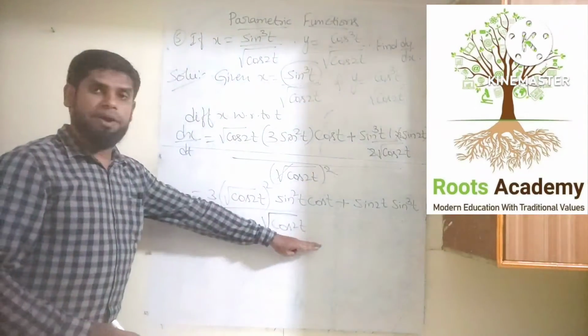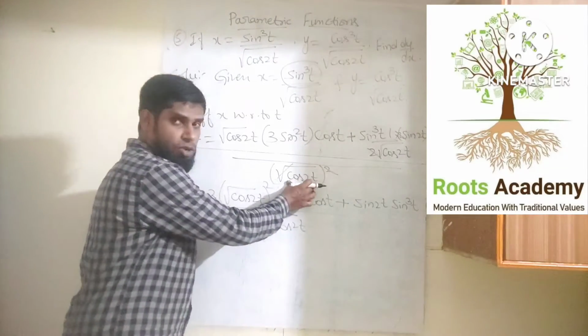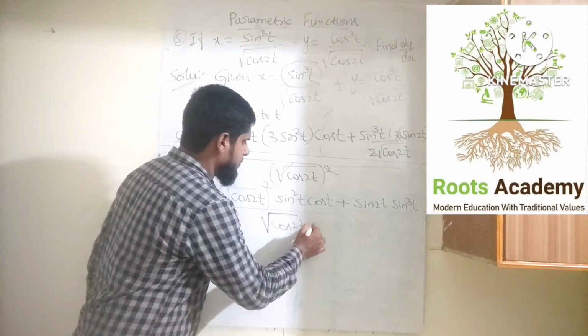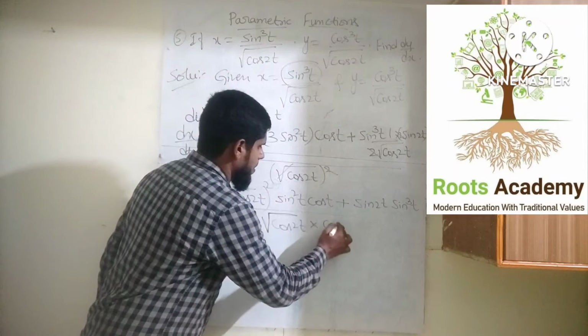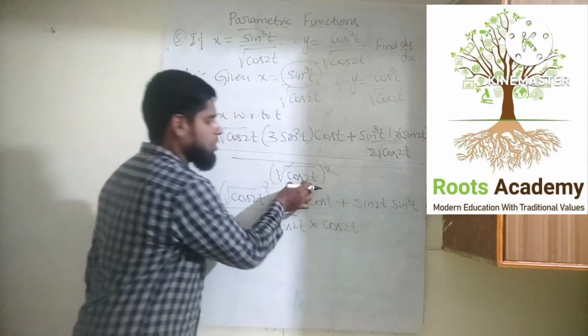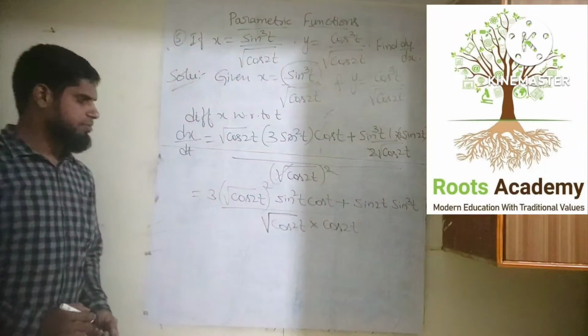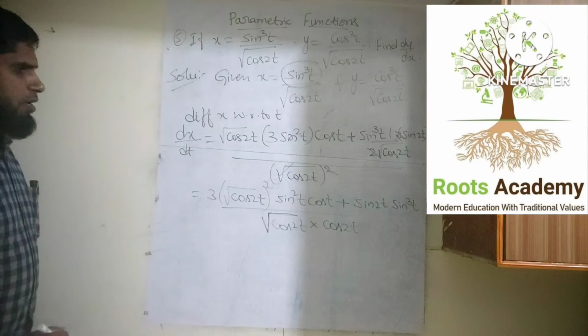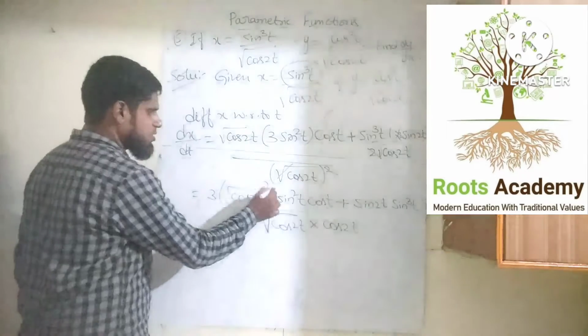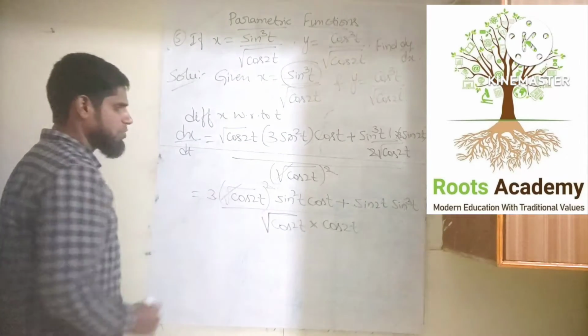This is the numerator LCM. Now this is anyhow in the denominator. This gets multiplied to cos 2t. This cos 2t is still in the denominator. Now after this, I can easily cancel this square and this root.